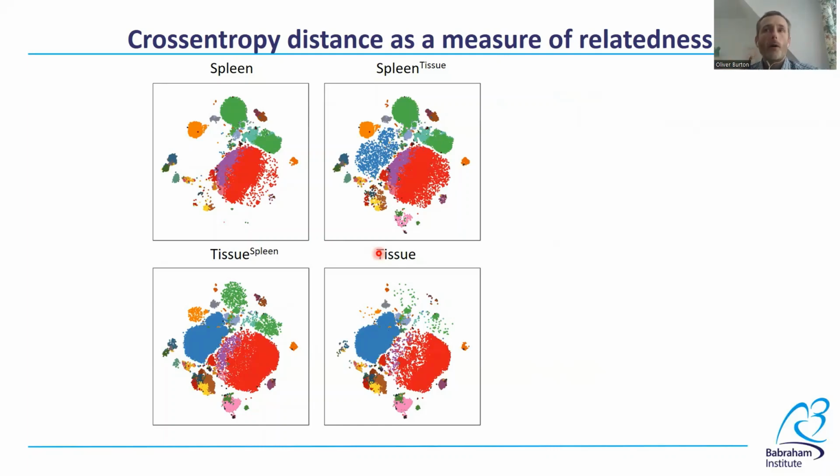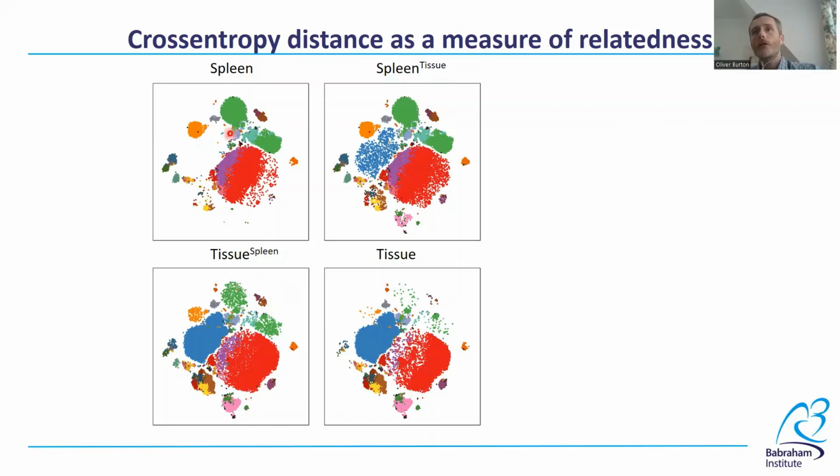For this example, I've created artificial samples by spiking in gut cells with spleen cells and vice versa. So now, in addition to the original spleen and gut tissue samples, we have a 90-10 spleen to gut sample called spleen tissue, and a 10 to 90 gut to spleen sample called tissue spleen.